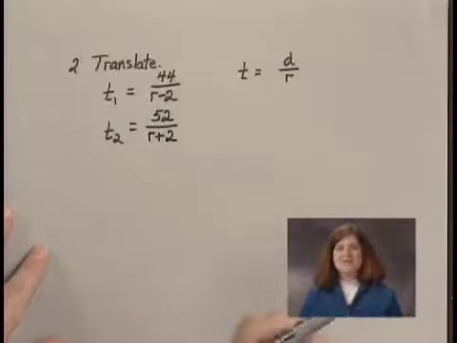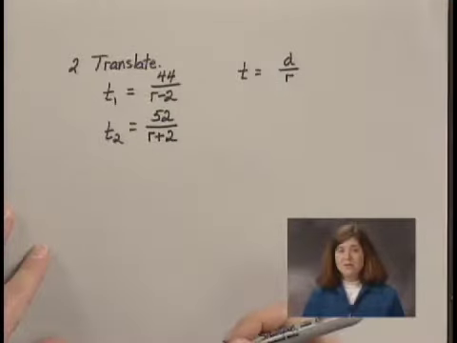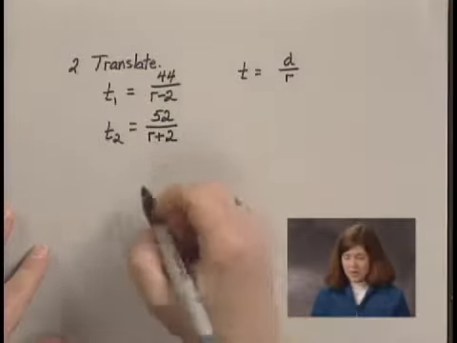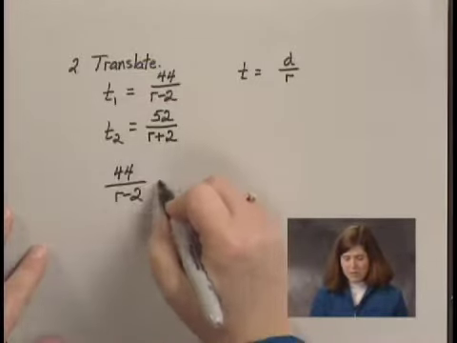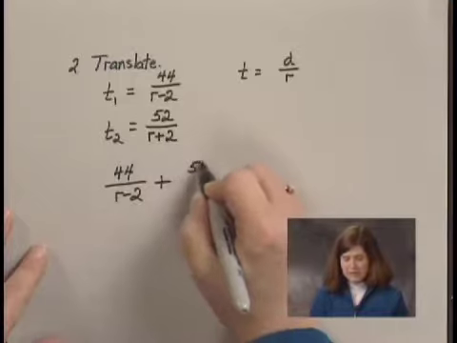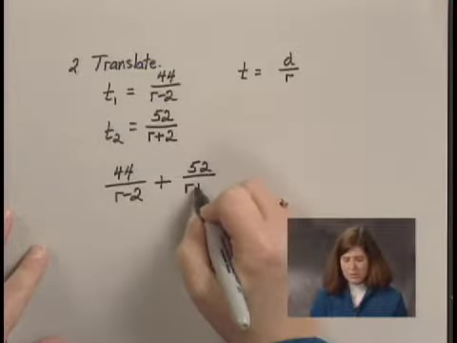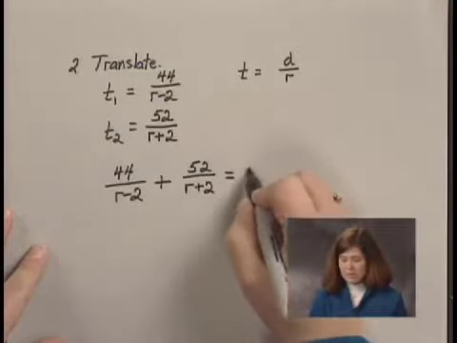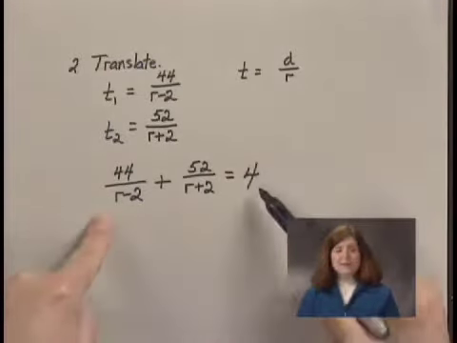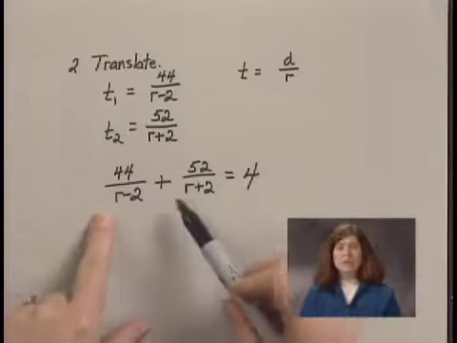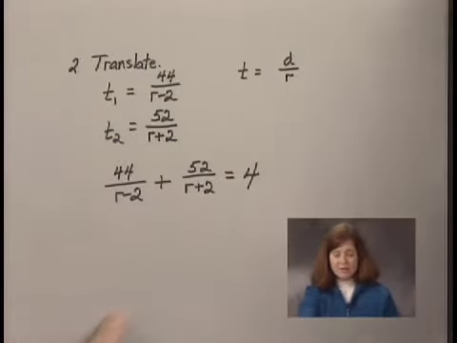Now, the key to the translation is that these times add to 4 hours. So I can write 44 over r minus 2 plus 52 over r plus 2 equals 4. When I've done this, I now have an equation with just one variable, r, and I can solve that for r.